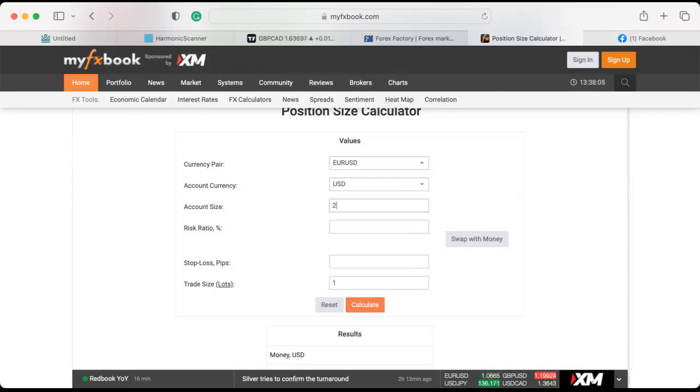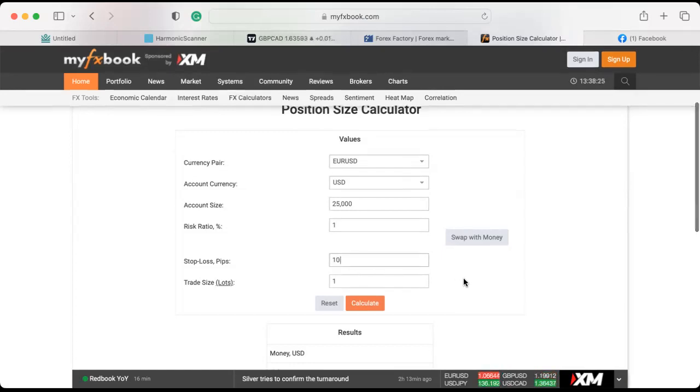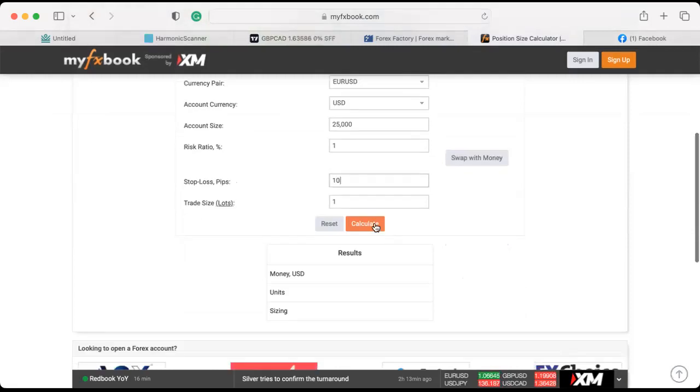Now let's imagine I've got a $25,000 account, and I want to risk 1%. And let's say that my stop loss is going to be 10 pips. So I put that information in and I press calculate. And it tells me that if I want to risk $250, which is 1%, my lot size needs to be 2.5. That's assuming my stop loss is 10 pips.